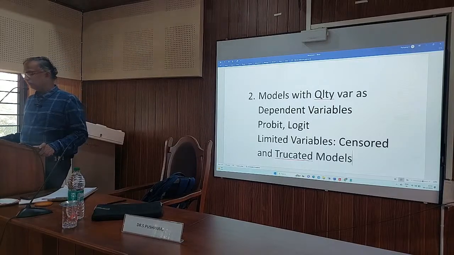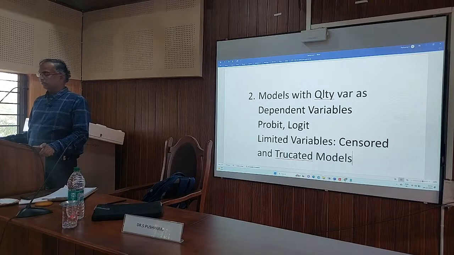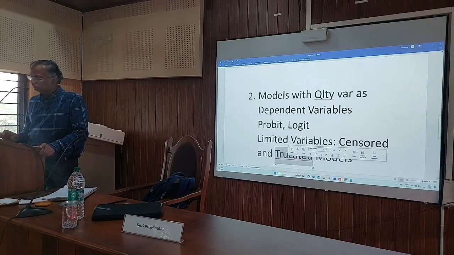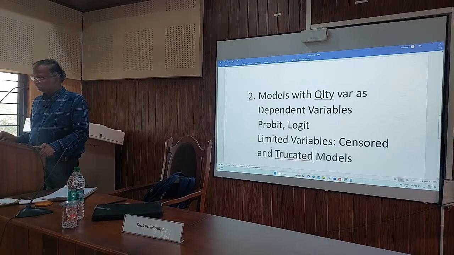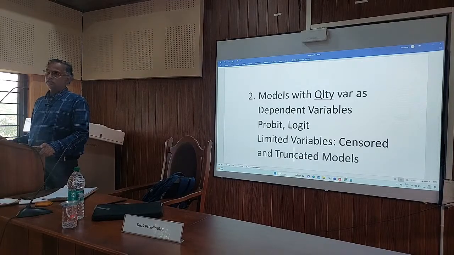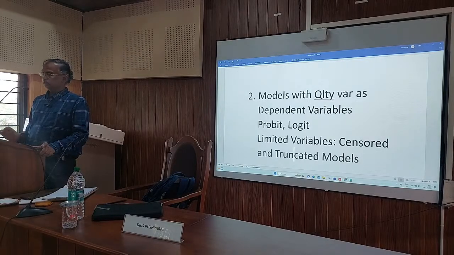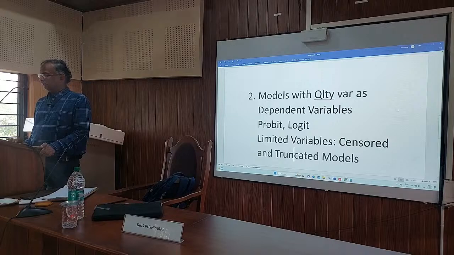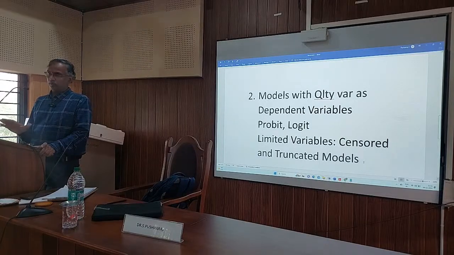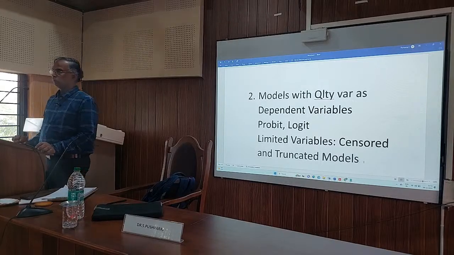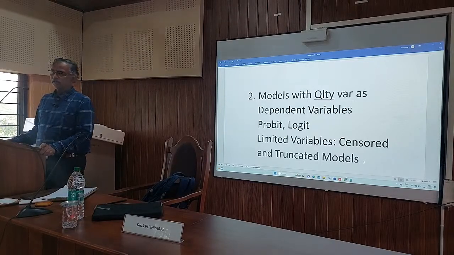Of late, people talk about censored and truncated models. In this demonstration we discuss probit, logit, and the censored regression model. Truncated, I'm not going to cover.